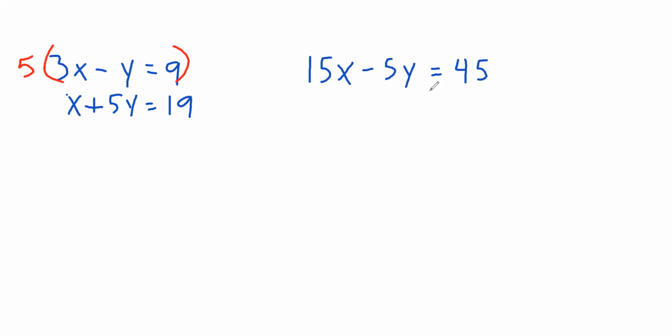The second equation, I haven't altered it, so it's going to be the exact same thing. But now, by multiplying my entire first equation by a constant, which I'm allowed to do as long as I did it to both sides of the equation, when I add these equations together, something meaningful is going to happen.